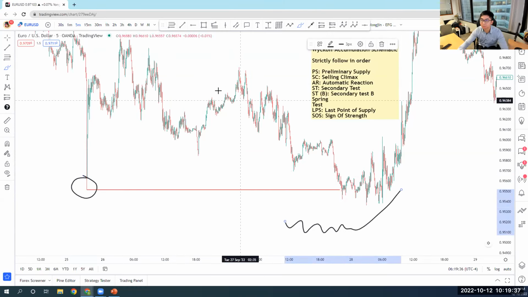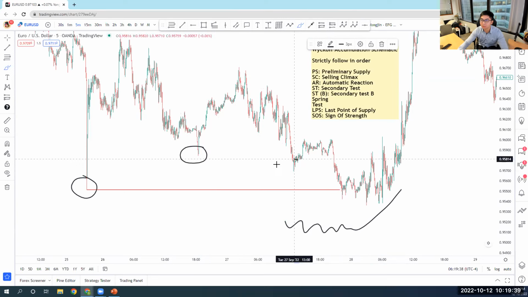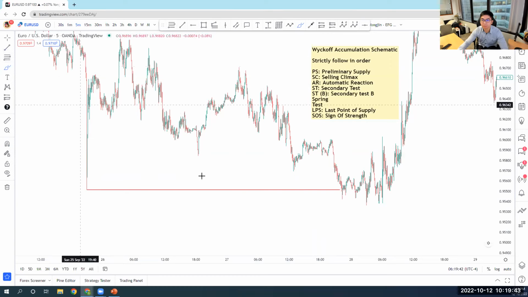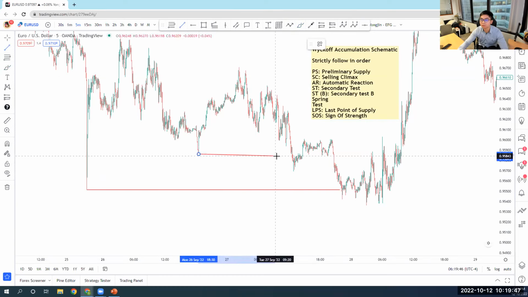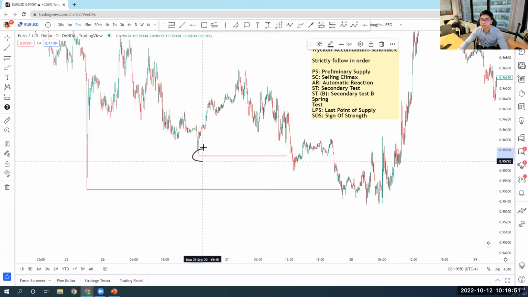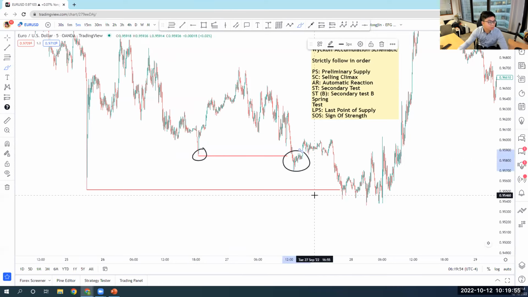So price came down and cleared everything in this area. But you can see on a small time frame, price cleared this area and reaccumulated to go up before it redistributed downwards.